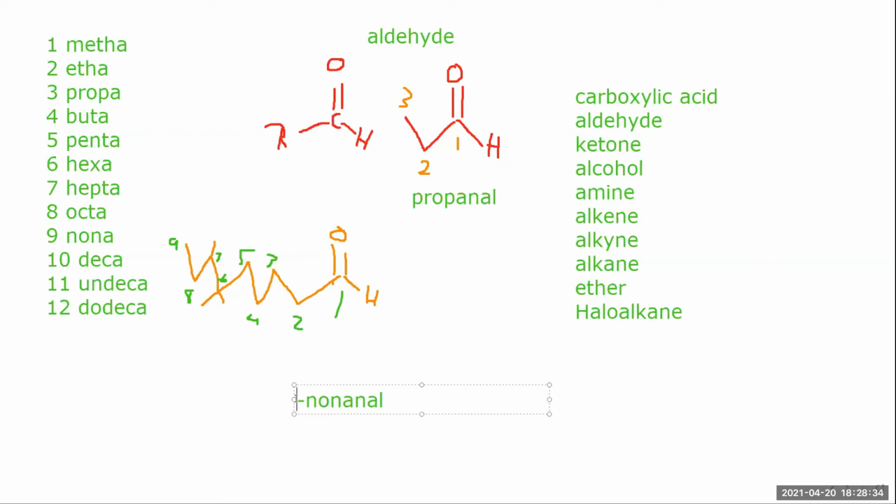And then 6, 6 dimethyl. So how many methyl groups do I have hanging off? 3. I have 3. Yes. So that's trimethyl. 1, 2, 3. So it would be trimethyl.